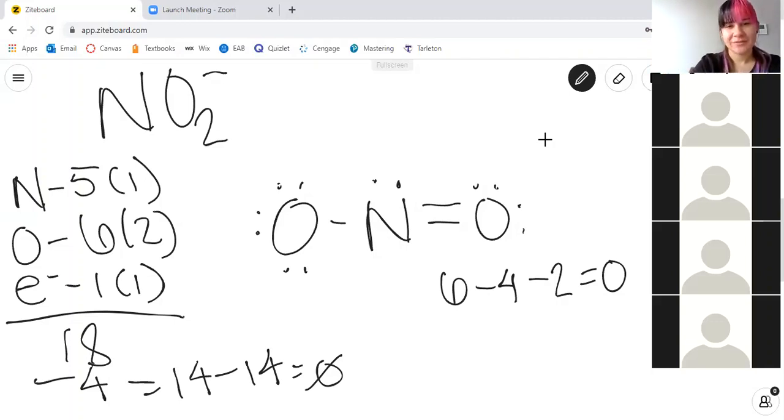So for nitrogen, we have 5 valence electrons. We have 2, 4, 6 in bonds. And then we have 3. Then what did I do here?